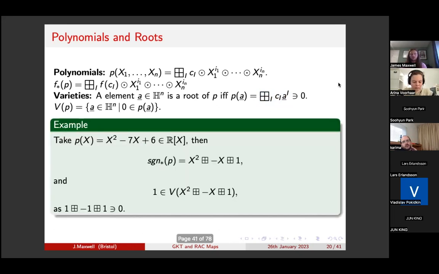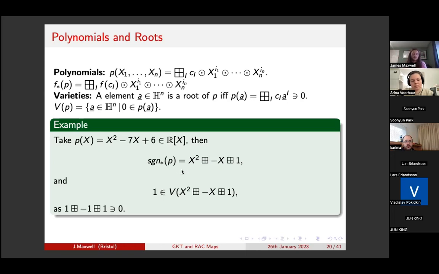An example of these ideas: if you were to take the polynomial P of x equal to x squared minus 7x plus 6 over the real numbers, then, like we said, the induced map of polynomials, sign star of P, just remembers the signs of the coefficients and also turns the arithmetic into arithmetic over the hyperfield of signs. So it results in just x squared plus minus x plus 1.